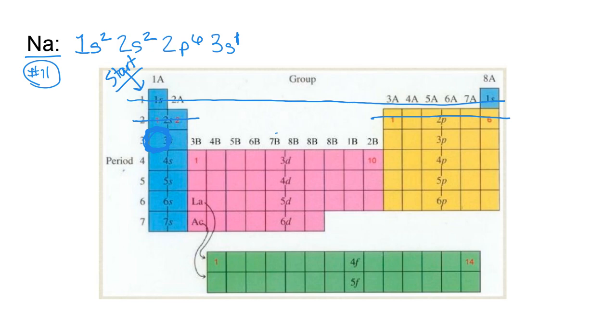Now, a shortcut for writing electron configurations, which is acceptable, is to take what is called the previous noble gas, this one right here. This noble gas would be neon. I can go ahead and put that in brackets.